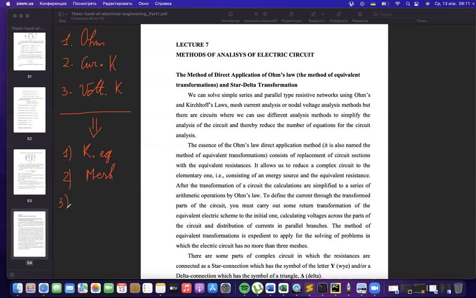And the last one that we finished previous time was the voltage method, or potential method. It's better to call it the potential method.